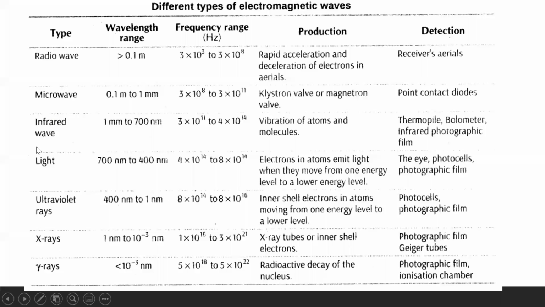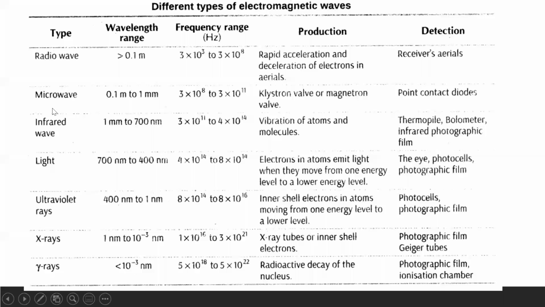Now, another kind of wave is infrared waves. Infrared waves are produced by vibration of atoms and molecules. What happens to a body when its atoms and molecules are vibrating at very high temperature? It will give away heat radiations, right? So when a body gets hot, even if you don't touch the body, if you place your hand near to it, you can feel heat radiations.